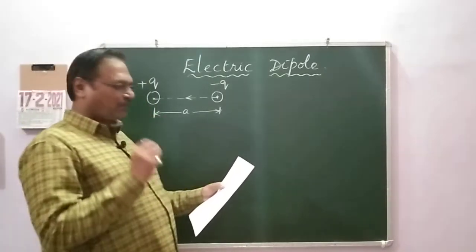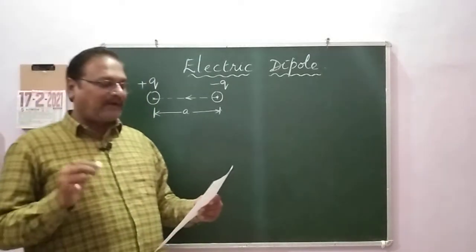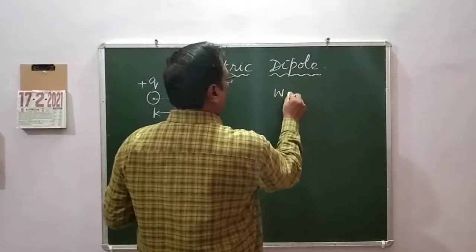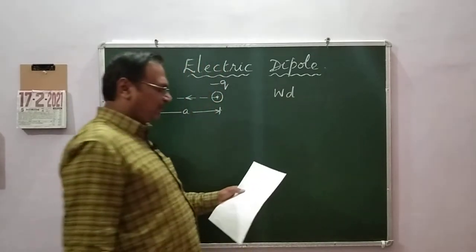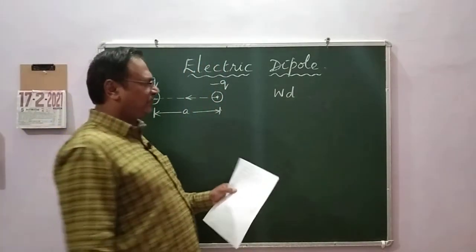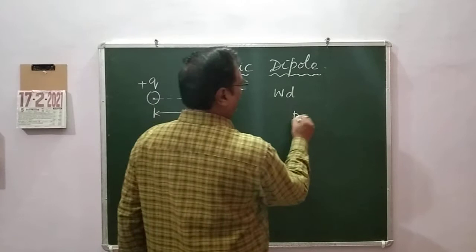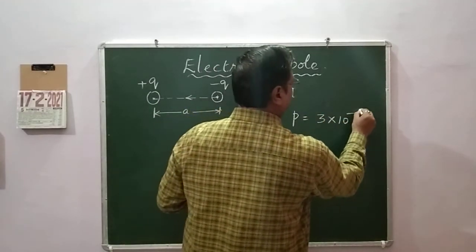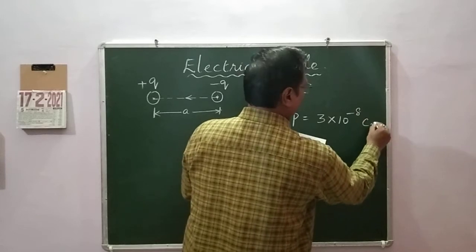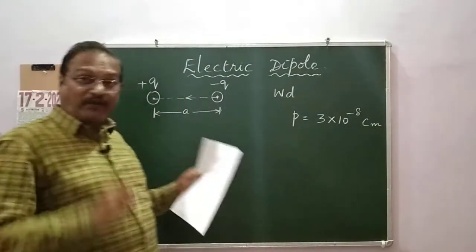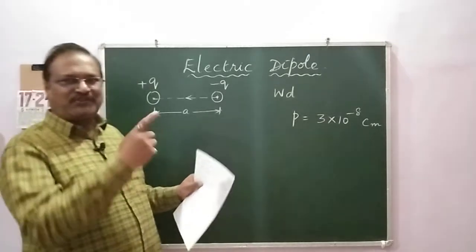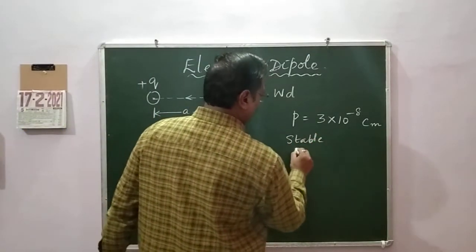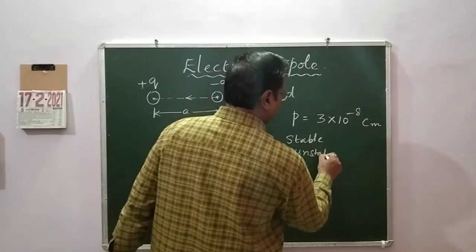Now, the question is, calculate the amount of work done in rotating a dipole with dipole moment P equal to 3 into 10 power minus 8 coulomb meter. This is given. We have to move it from stable to unstable equilibrium.